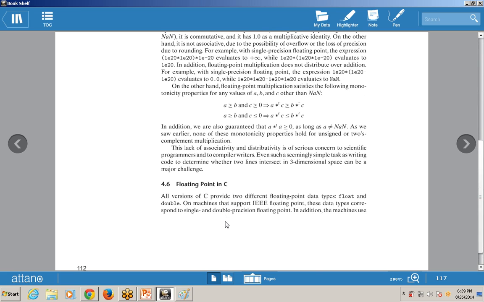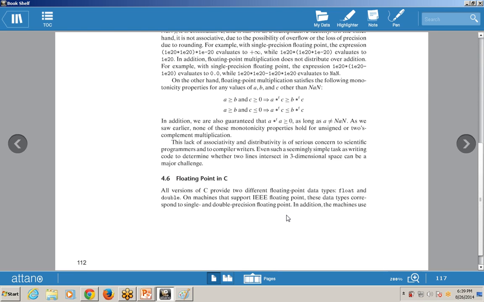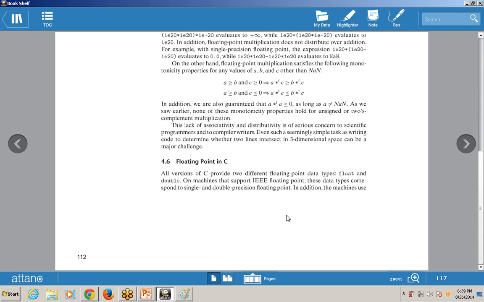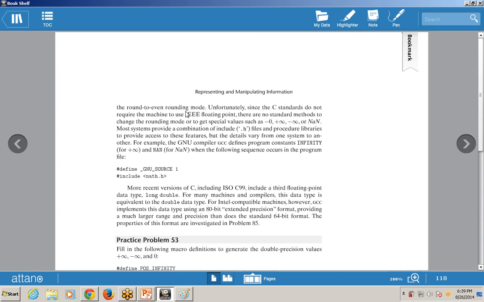This is floating point in C. It says all versions of C provide 2 different floating point data types, that is float and double. On machines that support IEEE floating point, these data types correspond to single and double precision floating point. In addition, the machines use the round to even rounding mode.